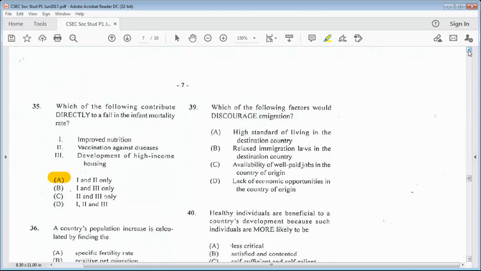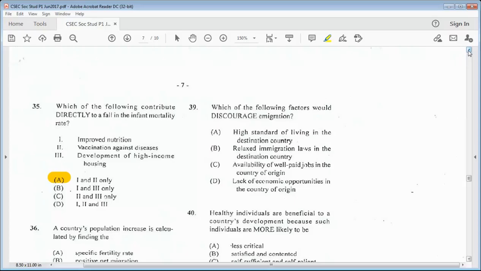Which of the following factors would discourage emigration? A, high standard of living in the destination country. B, relaxed immigration laws in the destination country. C, availability of well-paid jobs in the country of origin. Or D, lack of economic opportunities in the country of origin.